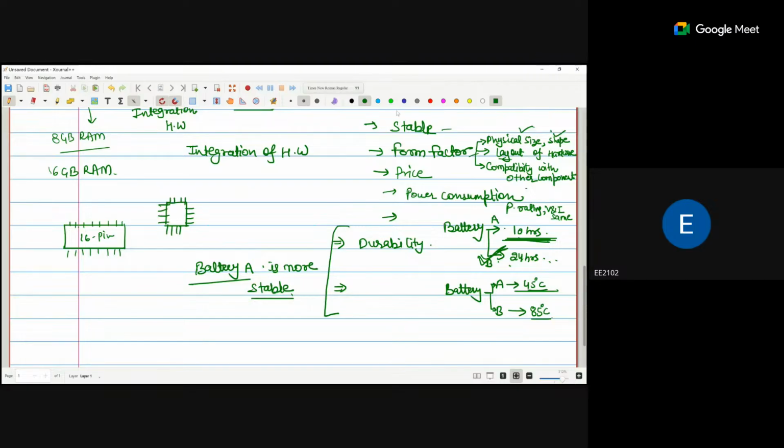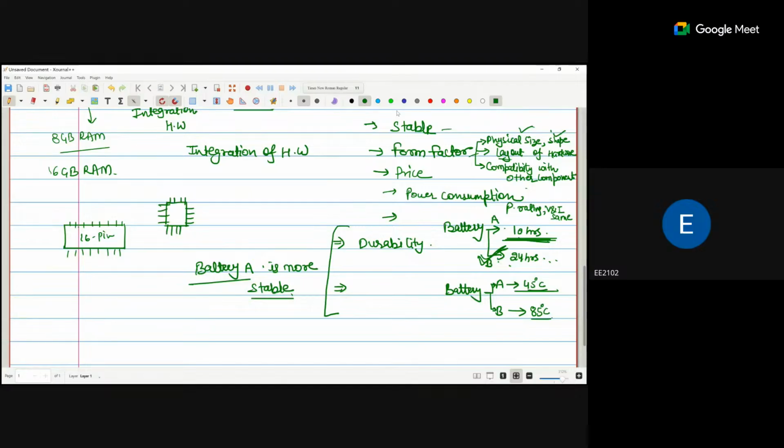Compatibility means if you connect a particular IC with some other IC, will they be compatible and communicate? For example, you purchase one mobile phone, and you have another mobile phone. In one mobile phone you have NFC, near field communication, and in the second mobile phone you don't have NFC.